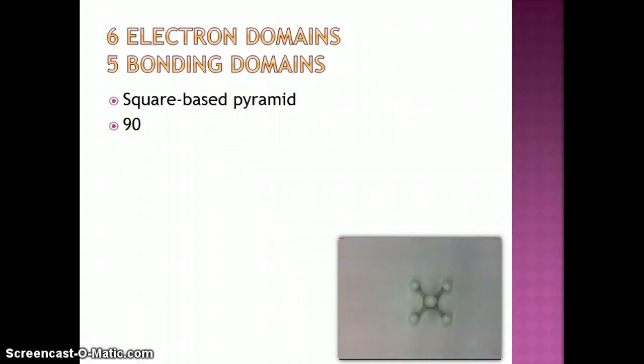And so what do we call that, do you think? Well, it's a square-based pyramid, which is different than this guy. That's called just pyramidal. It's just a pyramid. This guy is a square-based pyramid. It's a little tricky, but we can do it. What's the bond angle? It's a 90-degree bond angle.